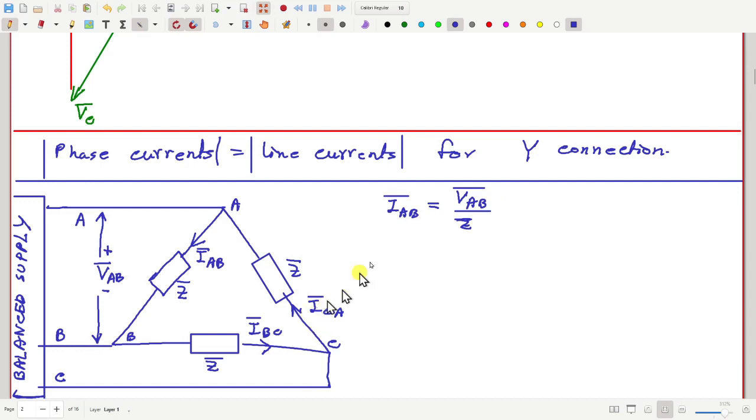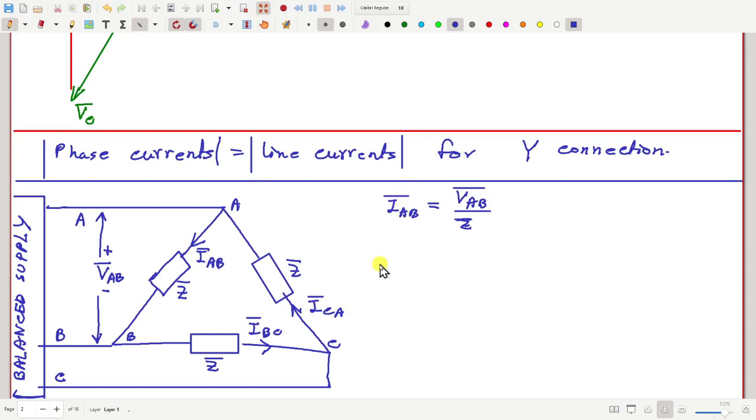What can we say about these three currents, IAB, IBC and ICA? How about their magnitudes or RMS values? They will be the same. And what about the phase angles?